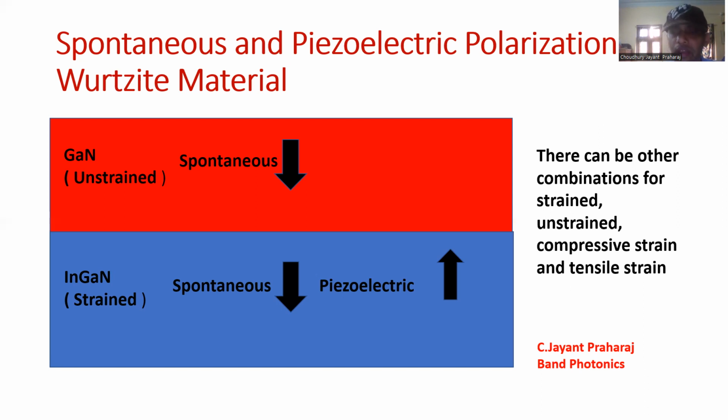We need to have the right device optimization, and then we need to balance that against the growth complexity in order to get the best option to use for making solar cells out of the indium gallium nitride material system.